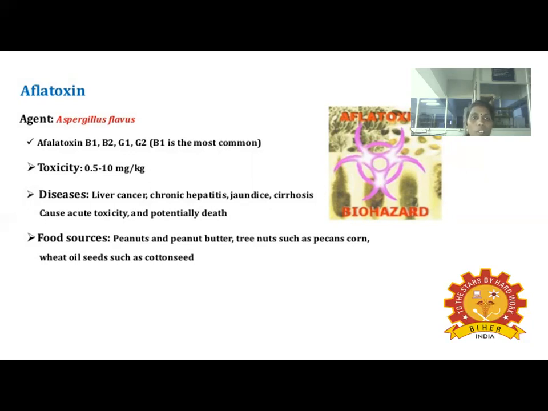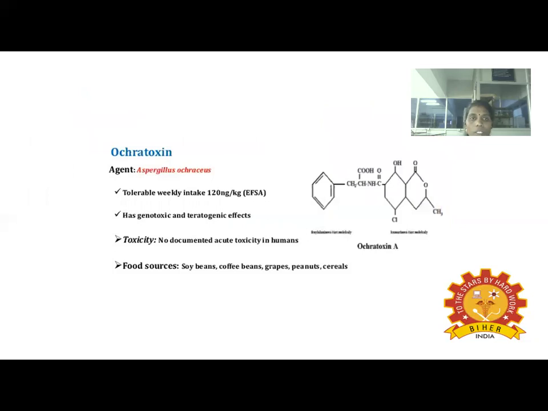The diseases: liver cancer, chronic hepatitis, jaundice, cirrhosis, acute toxicity and potentially death. The food sources: peanuts and peanut butter, tree nuts such as pecan, corn, wheat, oil seeds such as cotton seed.